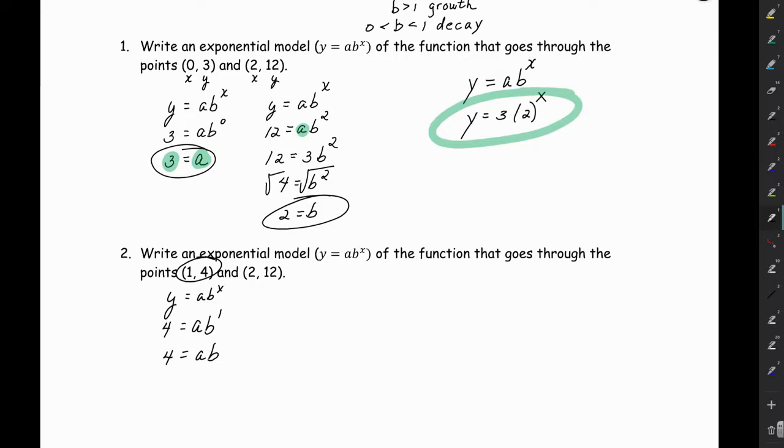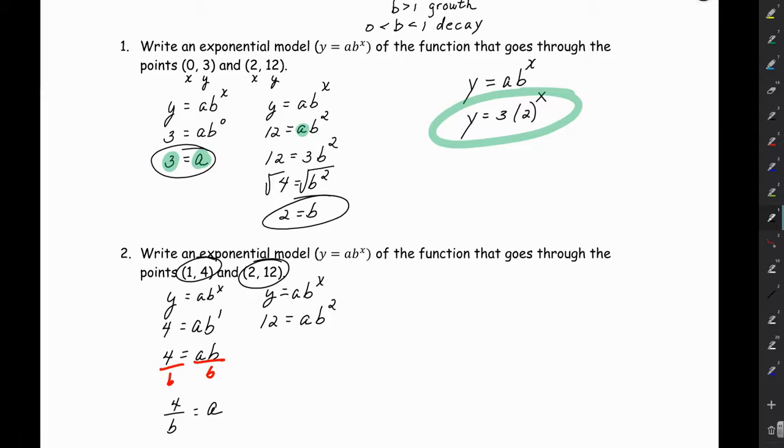So I'm just going to solve for a again, just like I did in the last equation. So that means that I would have to divide both sides by b. All right, now my other equation for this point, in this case y is 12, and x is 2.